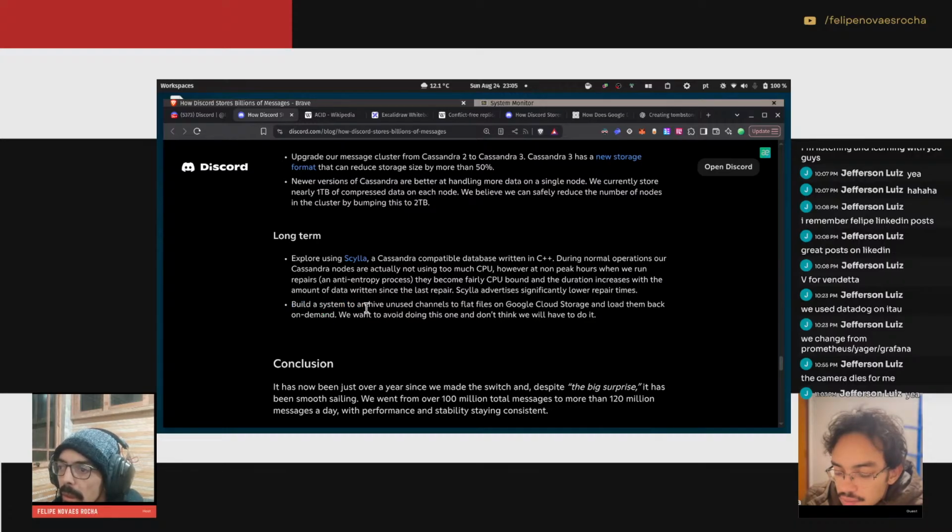So, build a system to archive unused channels to flat files on Google Cloud Storage and load them back on demand. We want to avoid doing this one and don't think we will have to do that.